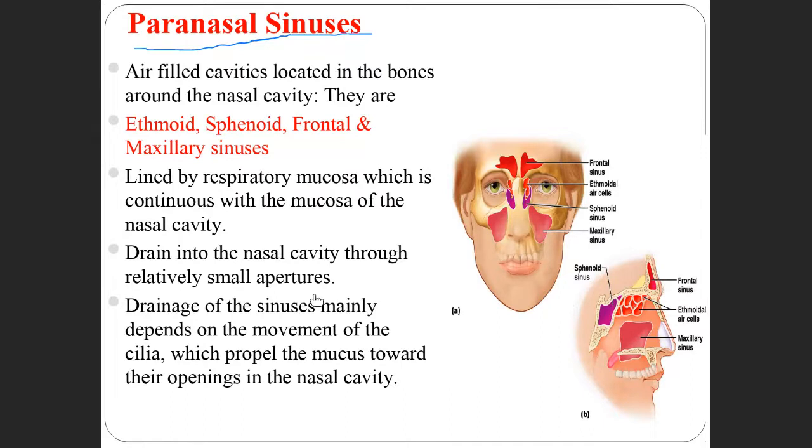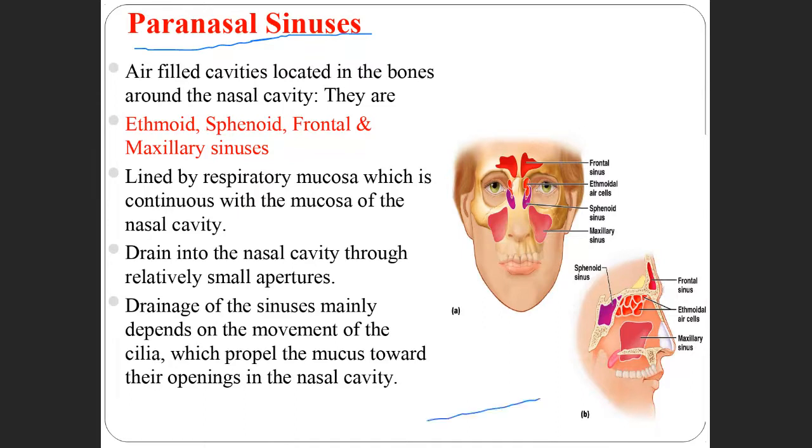Small aperture means how do they open into the nasal cavity? They open by a small opening. Aperture means opening. Drainage of the sinuses mainly depends upon the movement of the cilia. What is the meaning of cilia here?